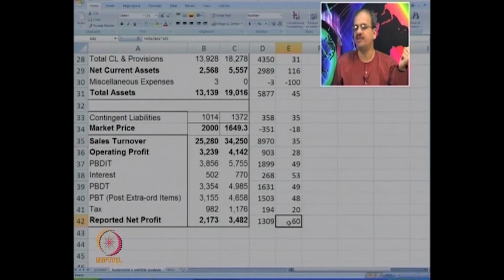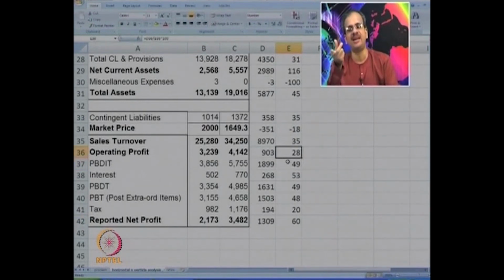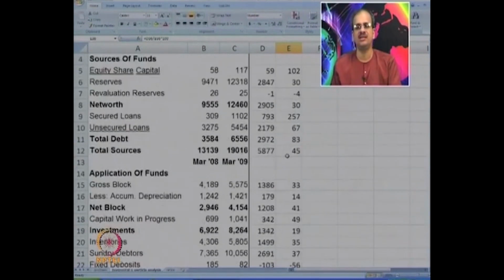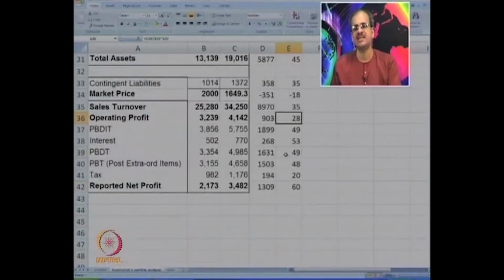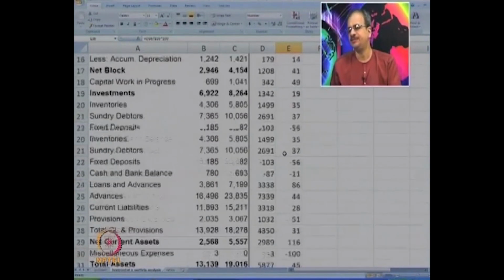Reported net profit has increased by 60%, which is really good. So the company's profitability position is increasing. Their PBDIT has also increased by a good portion, 49%. Operating profit, the rise is not that much, it is 28%. Still it's a good increase. So overall, what we have done now is known as horizontal analysis.